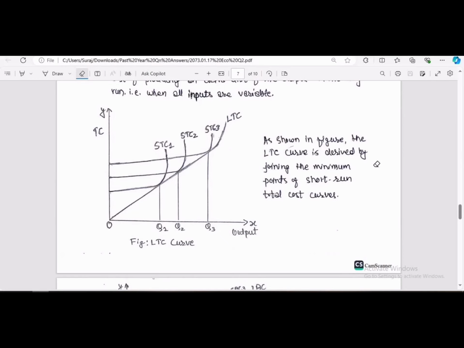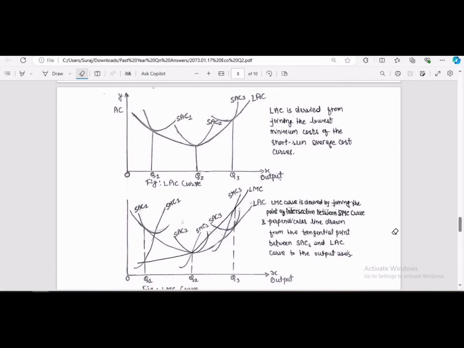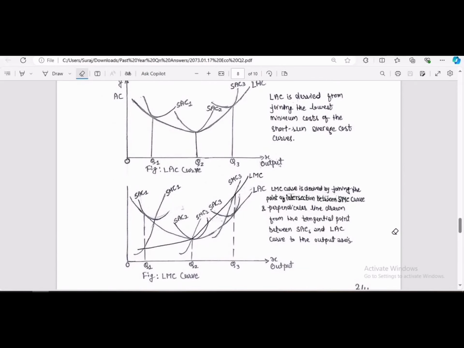So the same thing is written here. As shown in the figure, the long run total cost curve is derived by joining the minimum point of short run total cost curves.